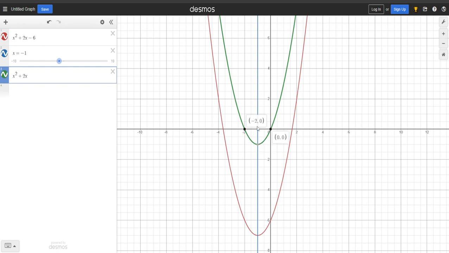Now, these two roots of -2 and 0 are not the roots of the actual parabola that I was dealing with. I was dealing with the one in red. We can clearly see that -2 and 0 are not the roots of that parabola. That's why we call them the imaginary roots, because they're not the roots that we're dealing with.